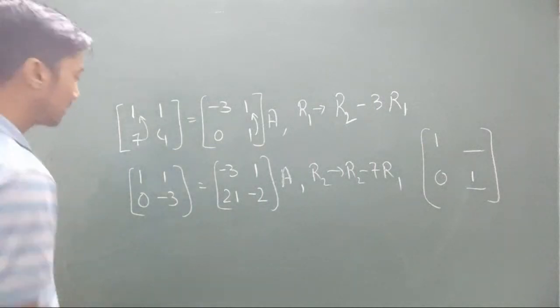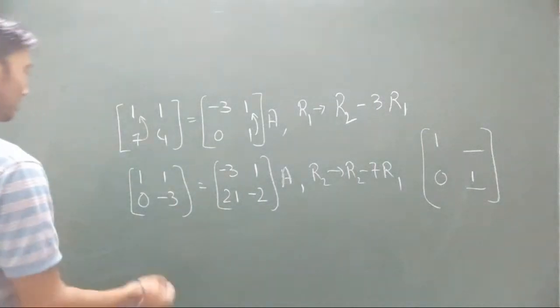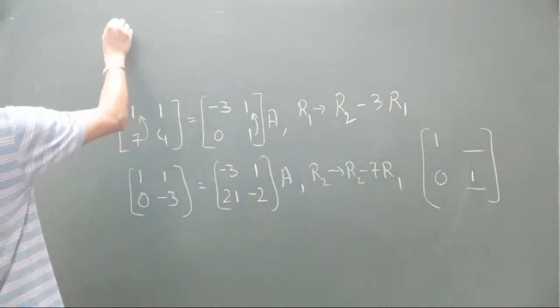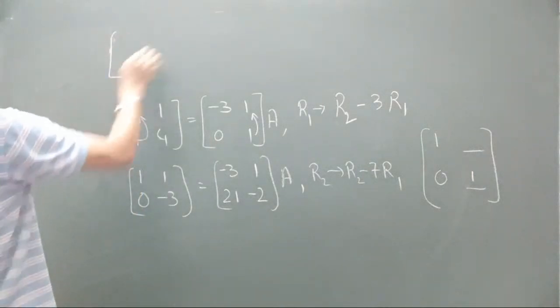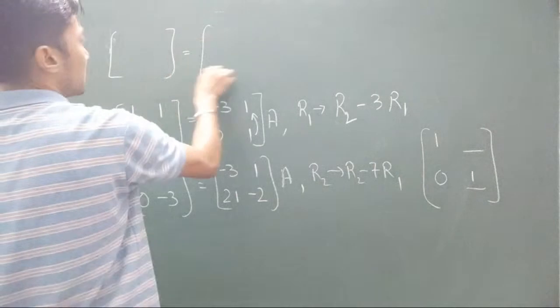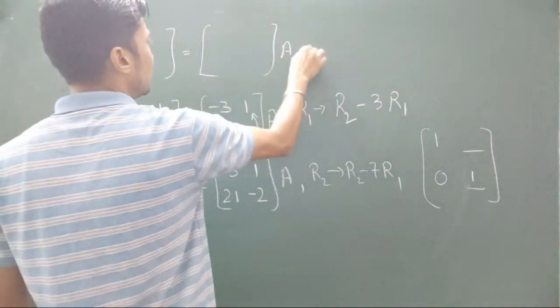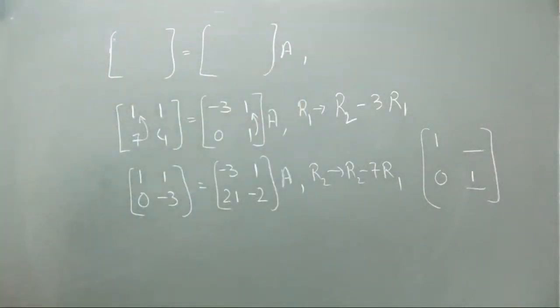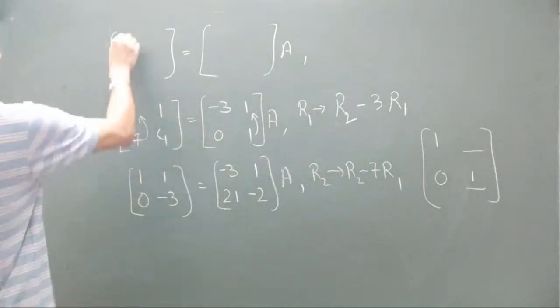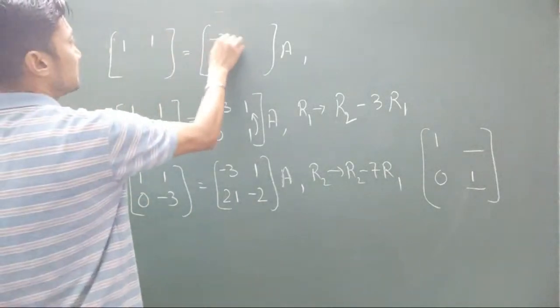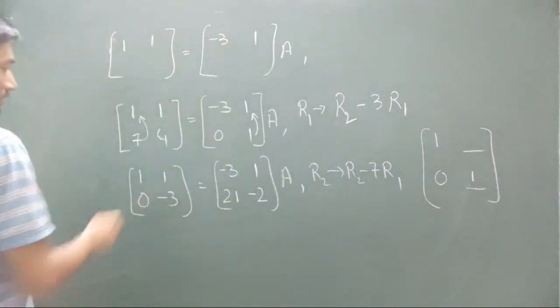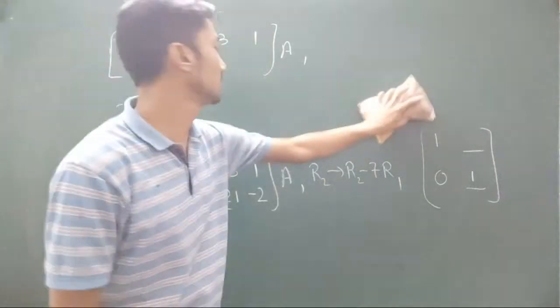Maybe I can divide by 3, but as I say, I will try to avoid fractions if possible. Very tempting, I understand, but I'll try to resist. So again, first row I'm not going to be focusing on. I'll be focusing on the second row. Now let me remove this.